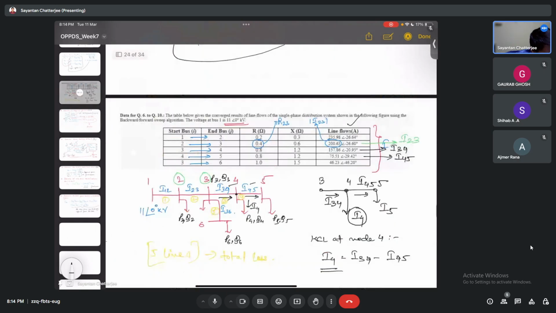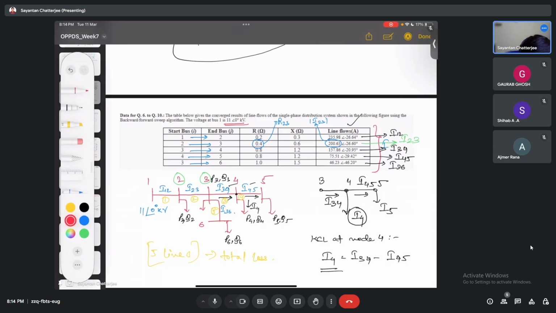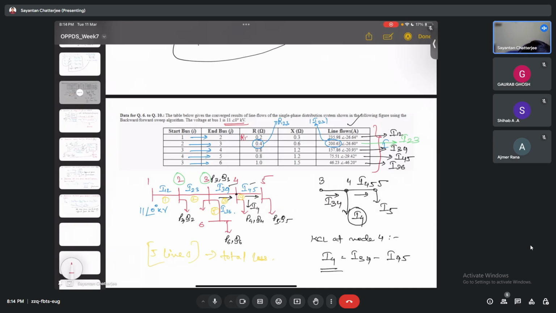I23, I34, this one is I36 and this one is I12. All these notations are written here. You can just put all these values here, and similarly for R: R12, R23, R34, R45 and R36.